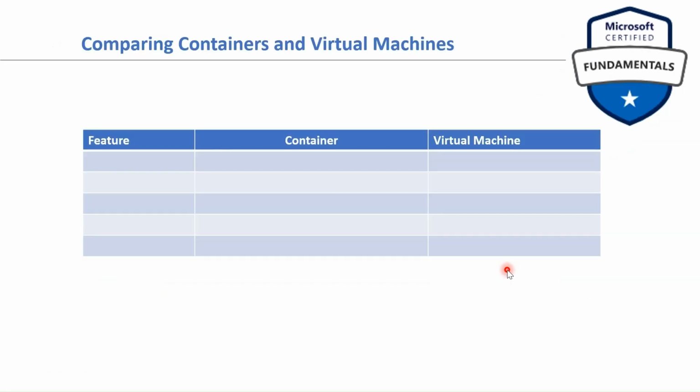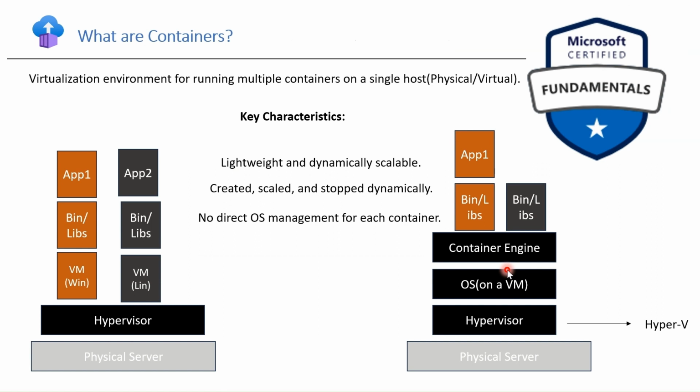All right, cool. Now let's compare containers and virtual machines very quickly. Operating system: containers share the host system's kernel. As we saw in our previous slide, on a single VM, the VM is running the OS, whereas both these containers are using this operating system.